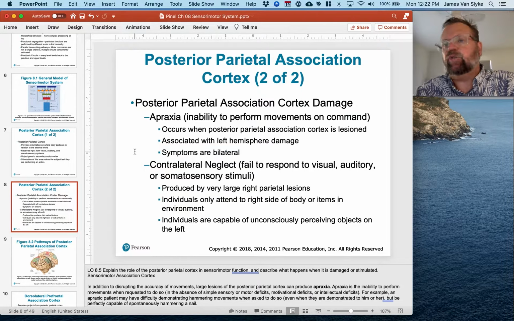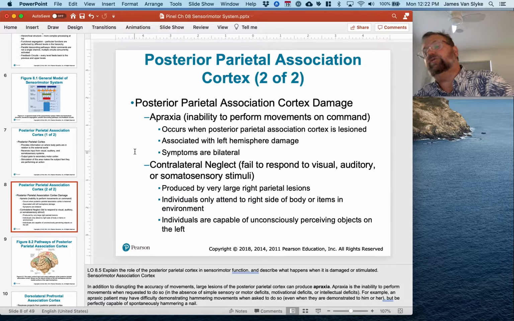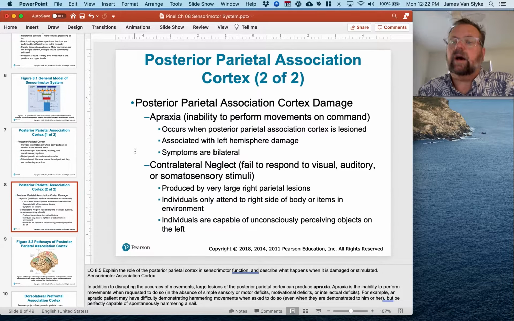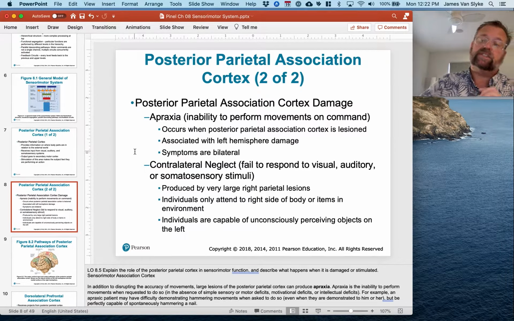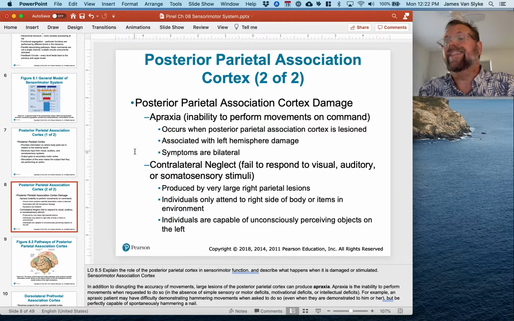So a lot of your reflexive sorts of actions, like if a ball is coming towards you fast, if you're trying to avoid something, your unconscious activation of an avoidance behavior, moving out of the way of a ball or moving out of the way of something that's falling down, that's still intact because that's your unconscious, reflexive sorts of motor actions.